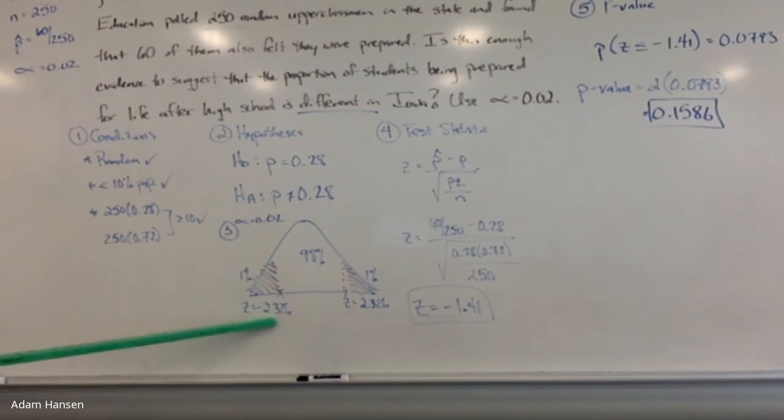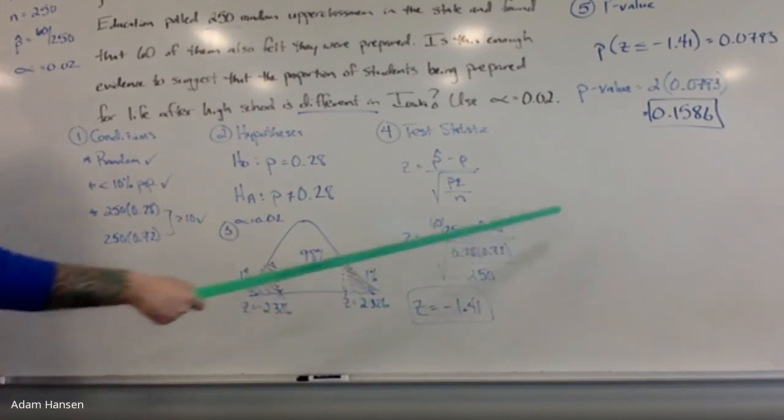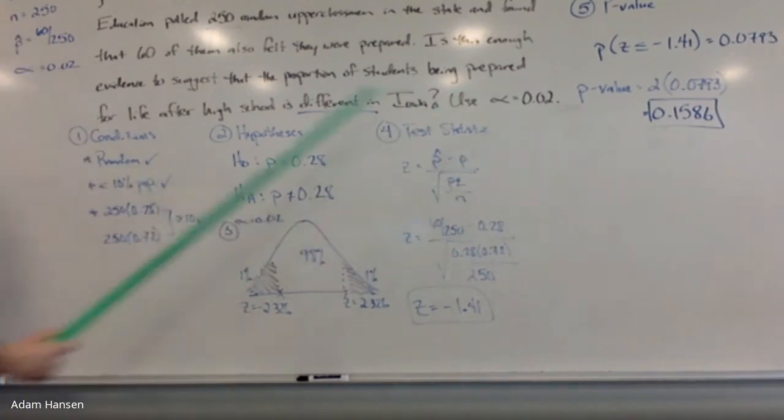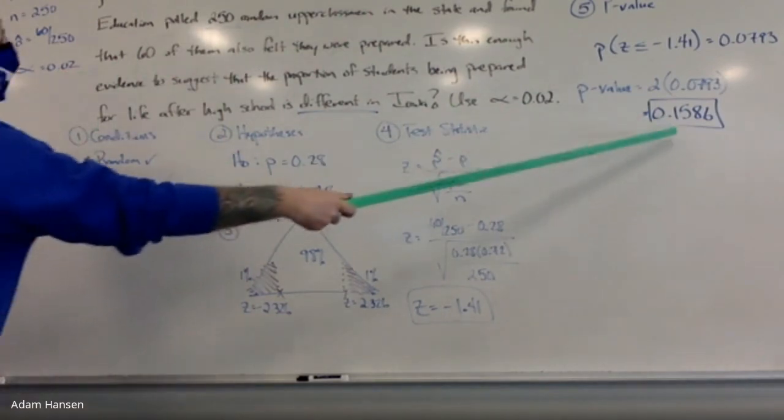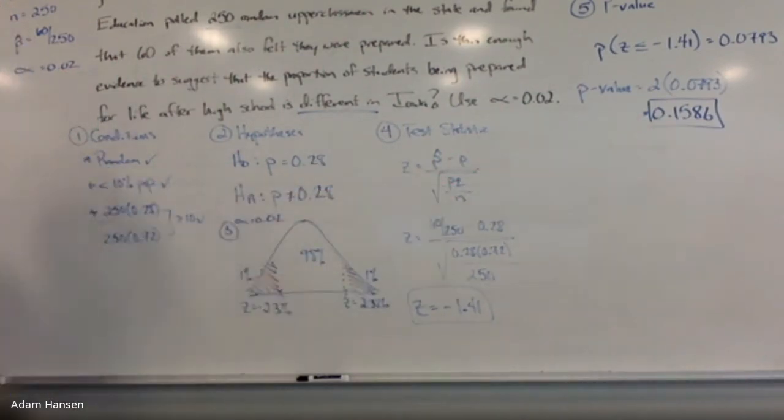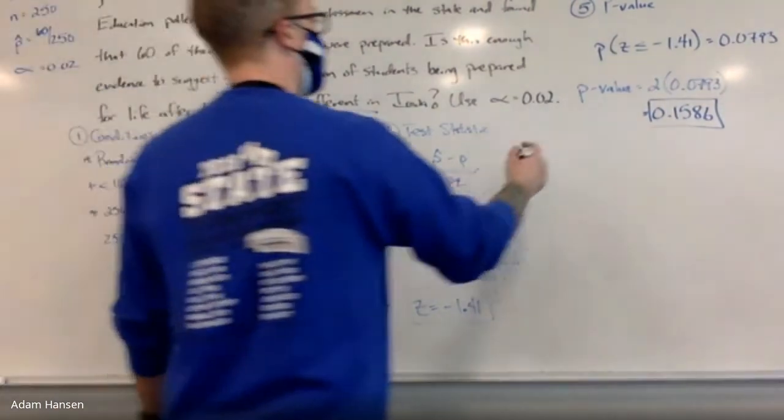Didn't we kind of say the same thing? Because my Z score is not more extreme than plus or minus 2.326, I failed to reject. Similarly, because my p-value is greater than my significance level, I can only reject the null hypothesis that's true 2% of the time. This is not within that allotted error. I also have to fail to reject. So there's your decision.